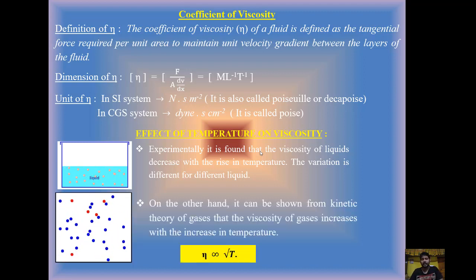On the other hand, it can be shown from the kinetic theory of gases that the viscosity of gases increases with increase in temperature, given by eta proportional to the root of temperature. When we increase the temperature of a liquid, the viscosity decreases, but for gases, from the kinetic theory, the coefficient of viscosity is proportional to the root of temperature.